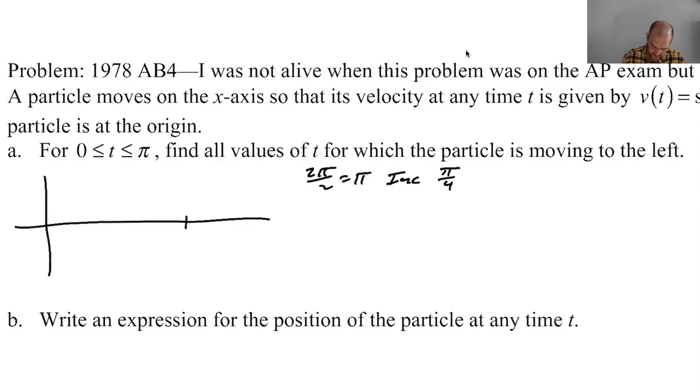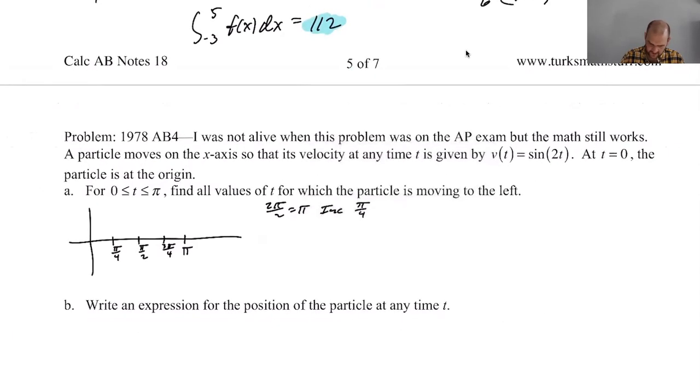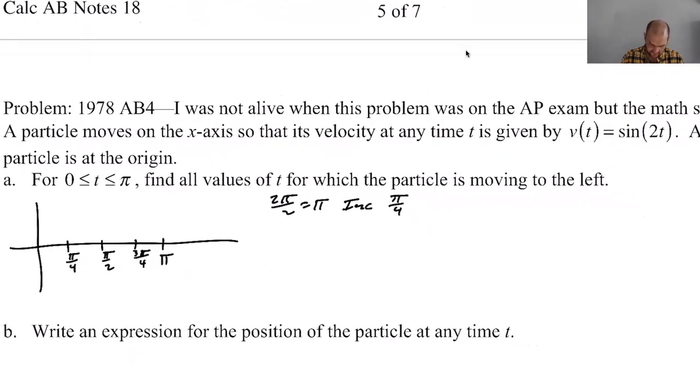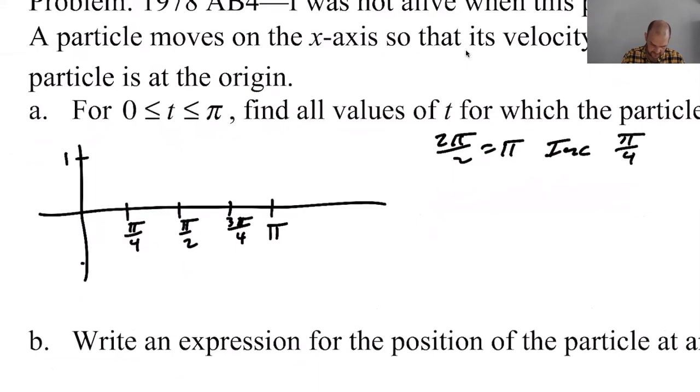So we're going to go pi over 2, pi over 4, 3 pi over 4. We're only looking between 0 and pi. And it's a positive sine graph, so we go up to 1, down to -1. All right, so this is a graph of v of t.